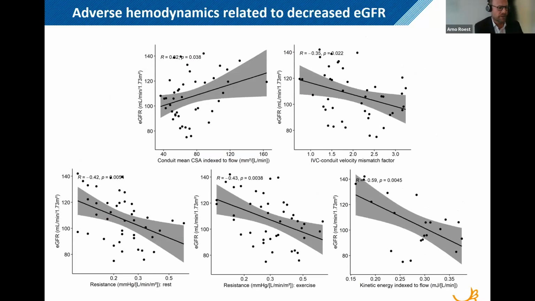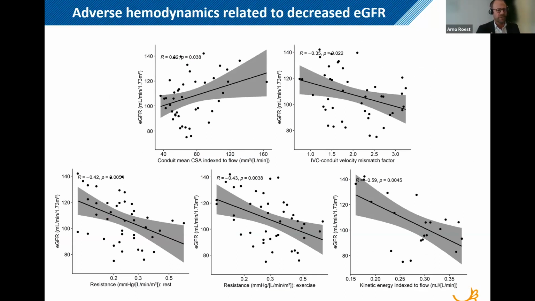Our recent study was accepted in JAHA last week, and in this study we used the same cohort of patients but related multiple metrics of adverse hemodynamics to estimated glomerular filtration rate. And we can see nicely that within the different metrics of adverse hemodynamics, it is correlated also to renal abnormalities.